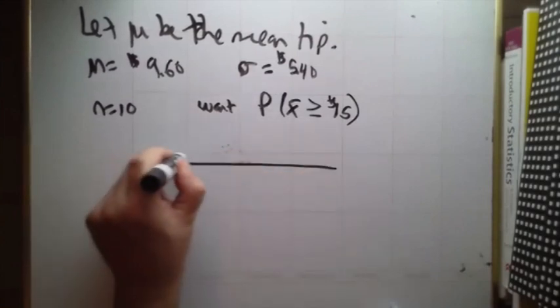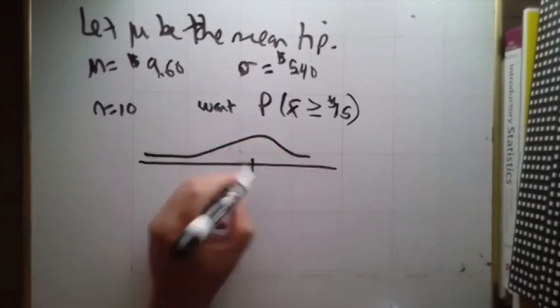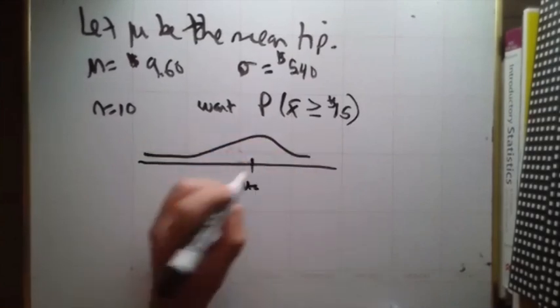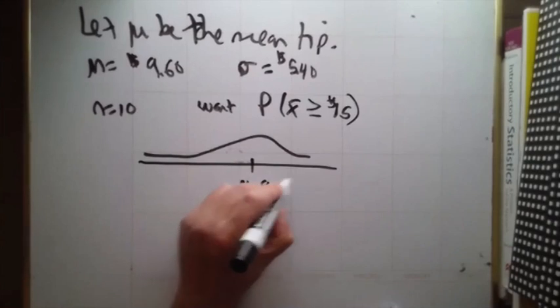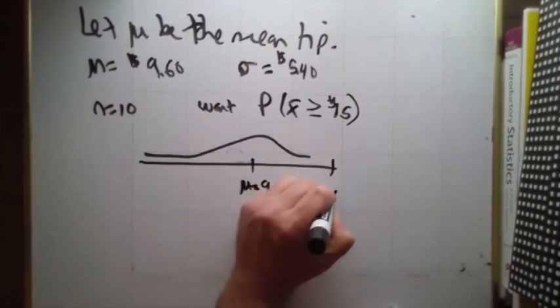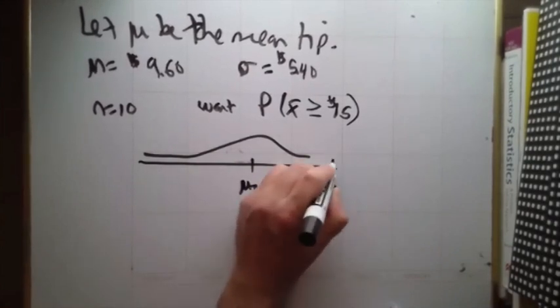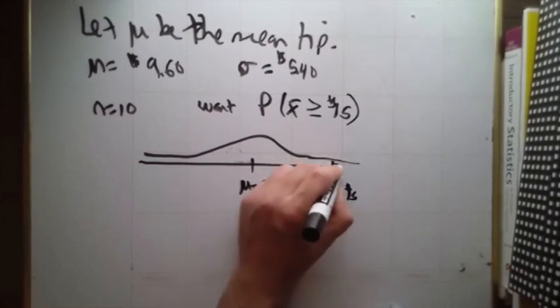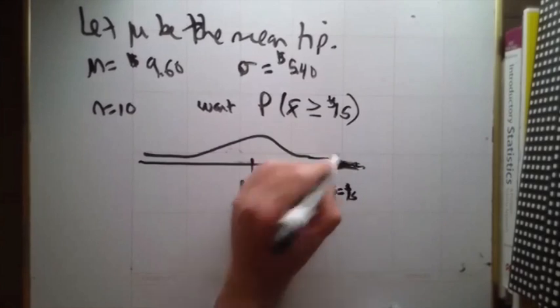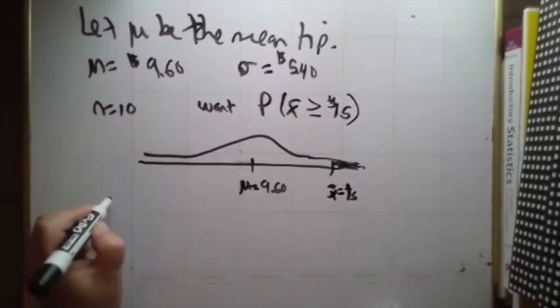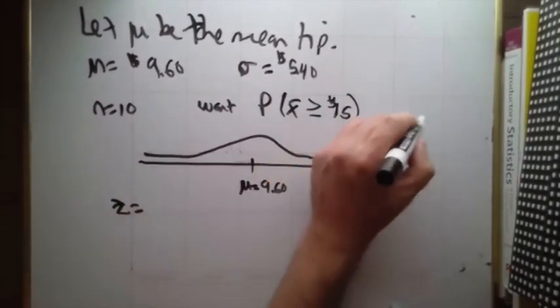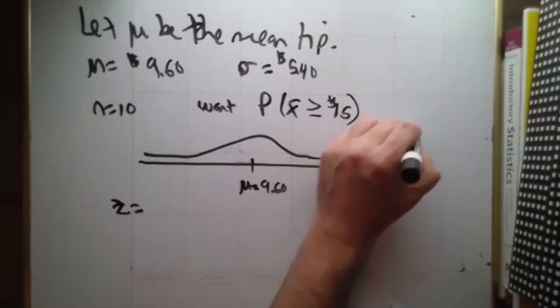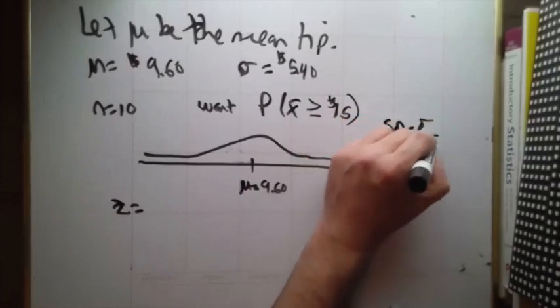Let me draw a picture. Right in the middle is the population average, 9.60. I want 15 and above. We find our z-score. Oh, we need to find our standard deviation, sigma divided by the square root of n.